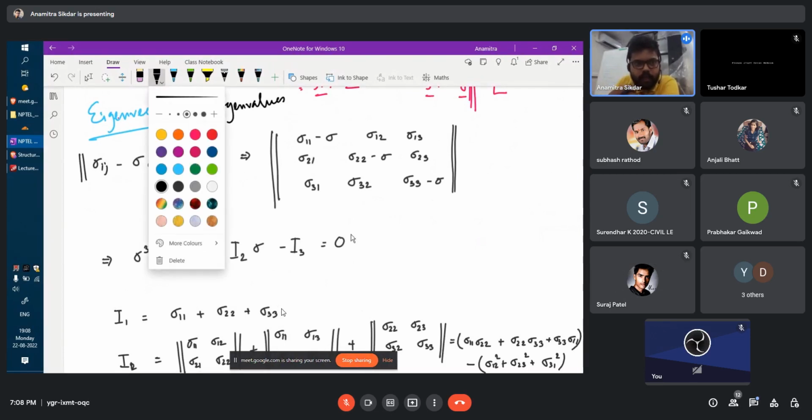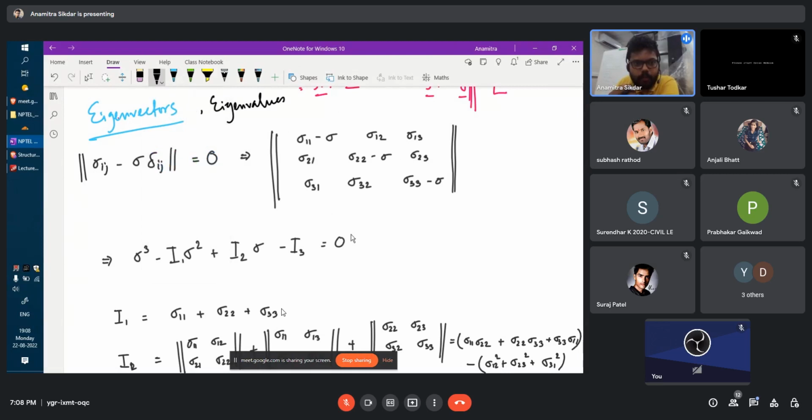Are you familiar with this kind of notation, delta ij? These are called index notation, so you don't have to write the whole matrix. Suppose you have a matrix like 3 2 1, 4 5 6, 7 8 9.